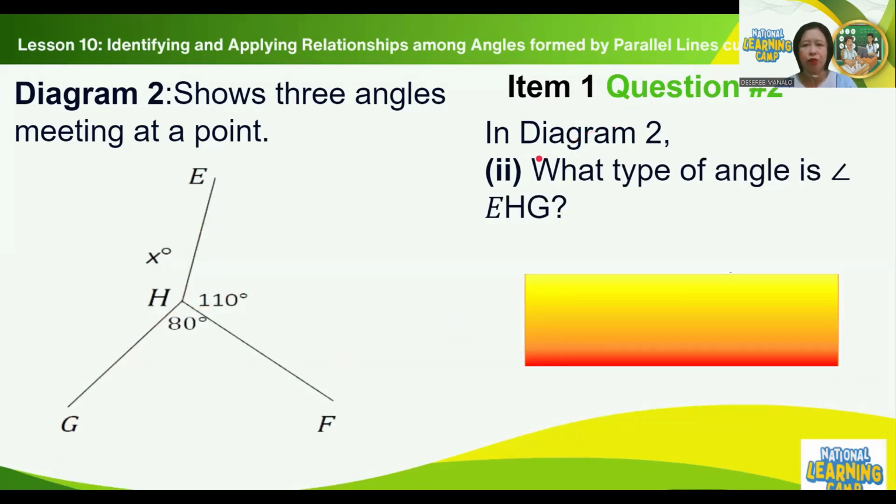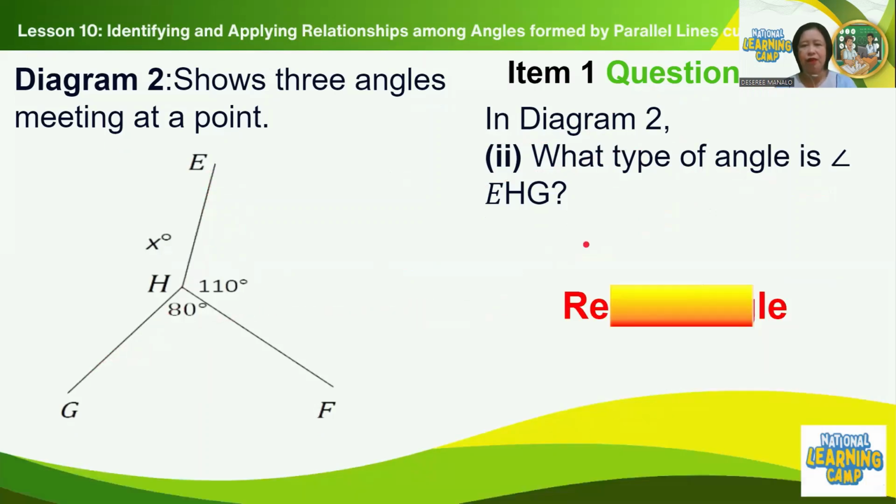For question 2, in diagram 2 again, what type of angle is angle EHG? We have reflex angle. As we all know, a reflex angle measures greater than 180 degrees but less than 360 degrees.